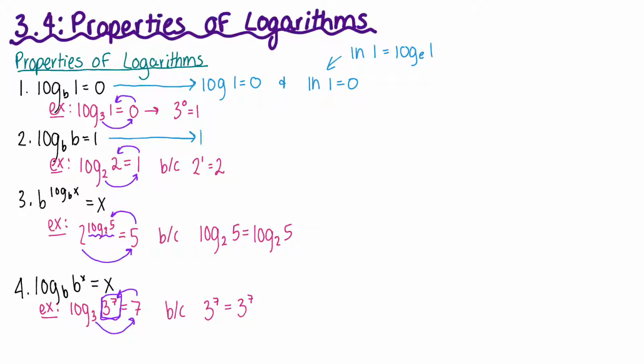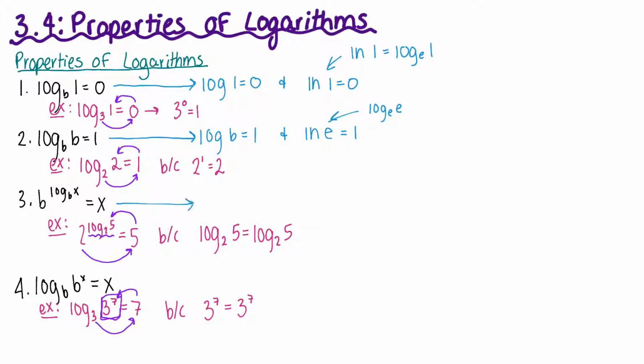Here, we could say log of b is equal to 1. And we could say ln e is equal to 1 because, once again, this is log base e of e. So ln e is equal to 1.